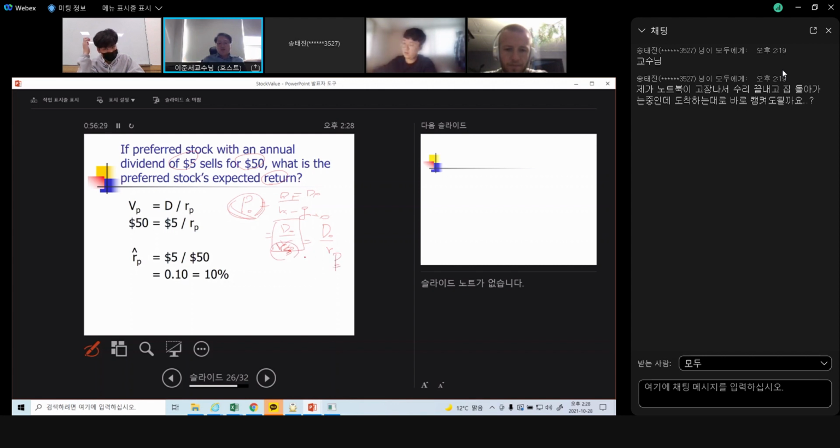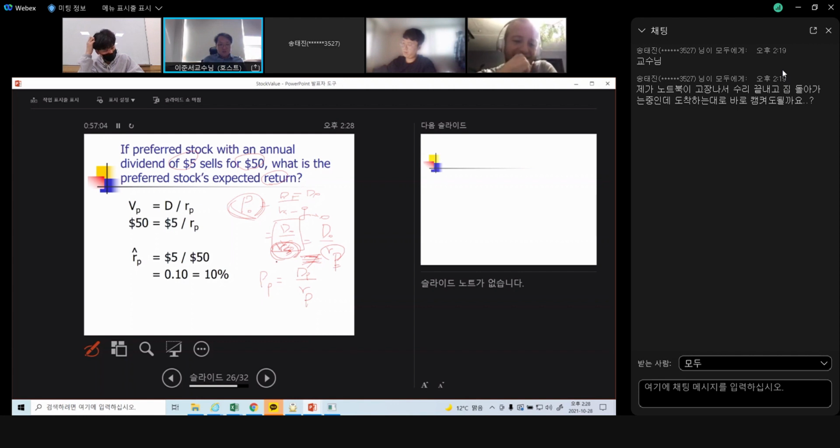RS is very close to RP, but as you will see in chapter 11, it's not exactly equal. But the preferred stock price can be calculated by the preferred stock dividend divided by the required return of the preferred stock. The required return of preferred stock is equal to the cost of preferred stock, right?